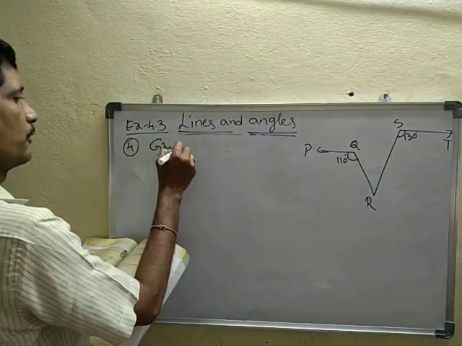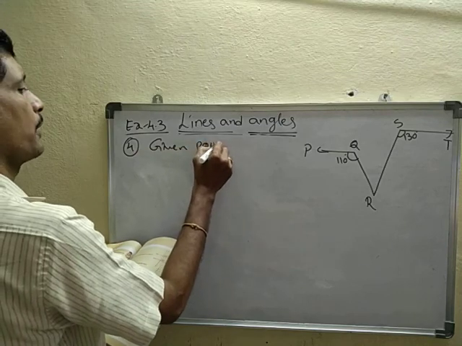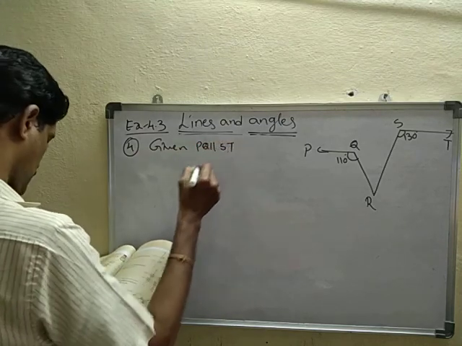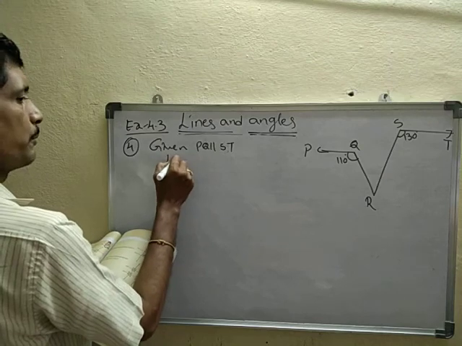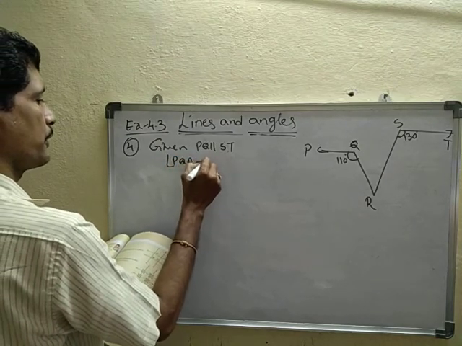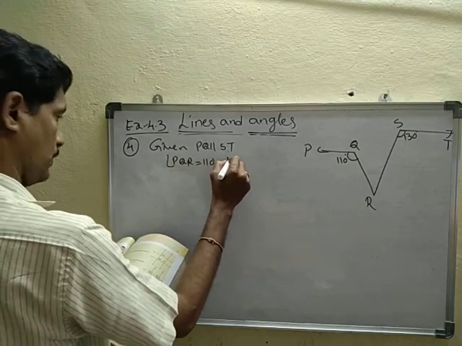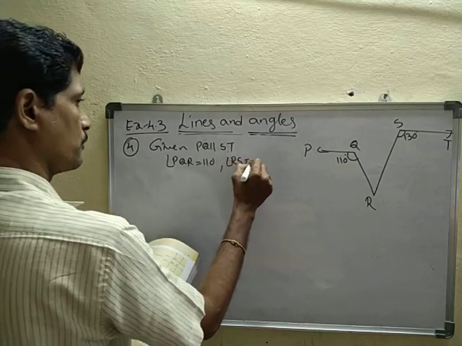Given PQ is parallel to ST, angle PQR equal to 110 degrees, angle RST equal to 130 degrees.